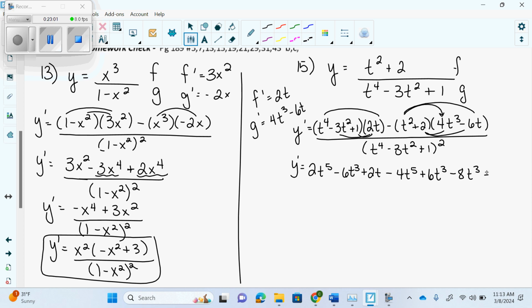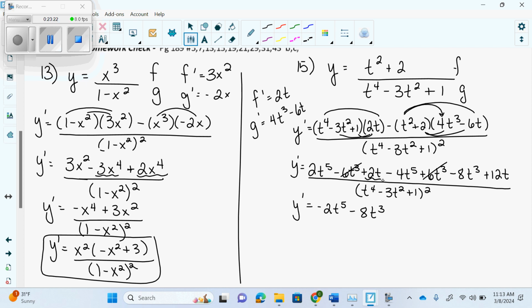Minus 12t with a minus sign is plus 12t. All over t to the 4 minus 3t squared plus 1, squared. So y prime equals 2 minus 4 is negative 2t to the 5. Those cubes cancel, so I'm left with negative 8t cubed. 2t plus 12t is plus 14t.